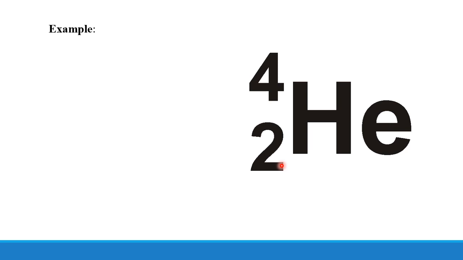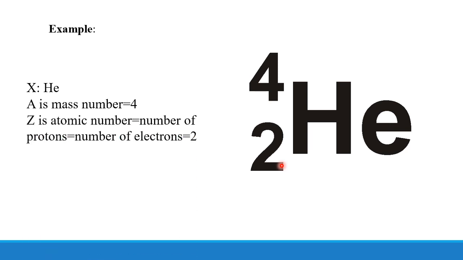So the composition of helium atom is: He, the symbol. A is the mass number equal to 4 without unit. Z is the atomic number equal number of protons equal number of electrons equal to 2, since atom is electrically neutral. N is the number of neutrons.